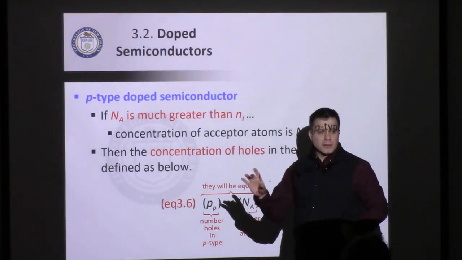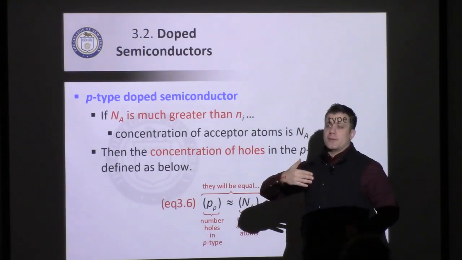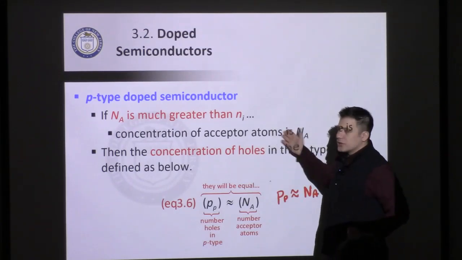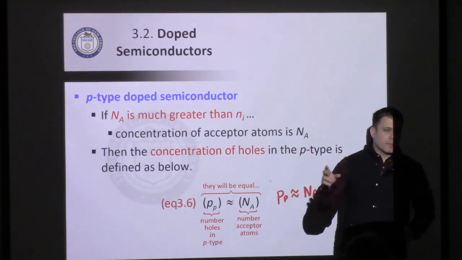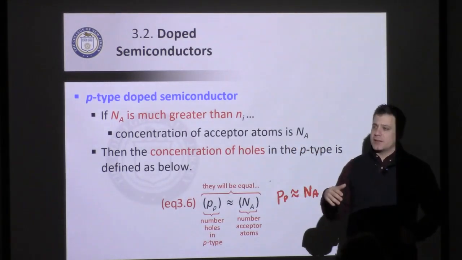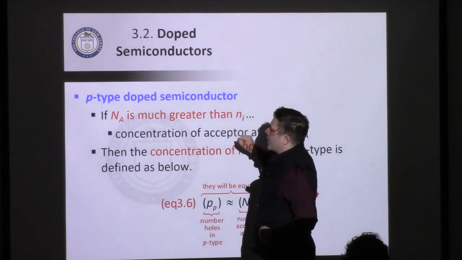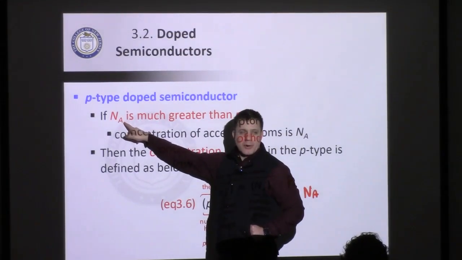That number is relatively small. If we're going to bother doping, we are going to dope it with a value that's going to be multiple orders of magnitude greater. And so we're going to assume that as such. We're not even going to talk about the case where one would dope it at such low concentrations. So Na is going to be much greater than Ni, where Na is the concentration of the acceptor atom.